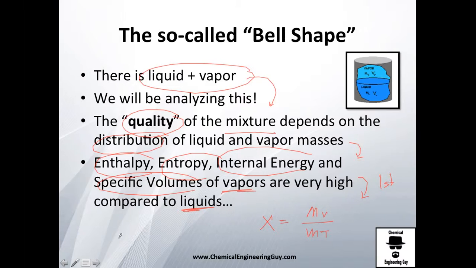Of course, you know liquids have relatively low internal energies compared to vapors. Vapors have relatively high internal energies. And you know internal energy is related to enthalpy, and this is true as well. Liquids have low internal energy and enthalpy. Vapors have, relatively speaking, higher internal energy and enthalpy.